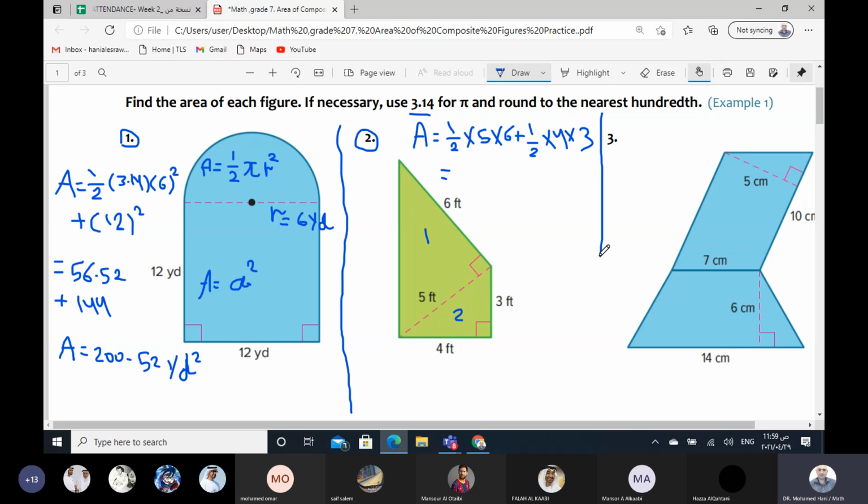Now we can calculate. 6 times 5 is 30. 30 divided by 2 will be 15. And here, 3 times 4 is 12. 12 divided by 2 will be 6. Now 15 plus 6 will be 21 ft squared.